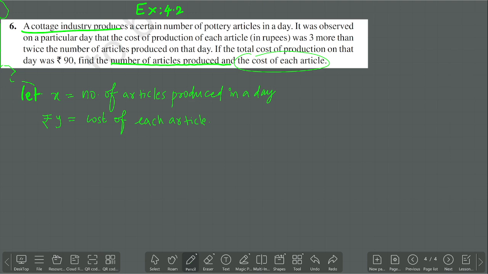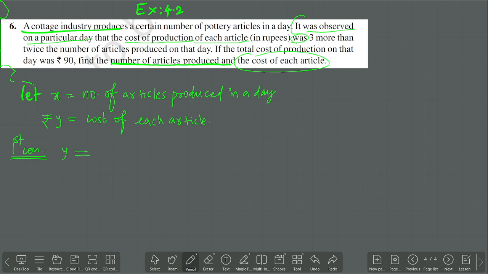Now we will enter the condition. So it was observed on a particular day. One day they started to observe the particular person, that the cost of production of each article, which here is y, was equal to.